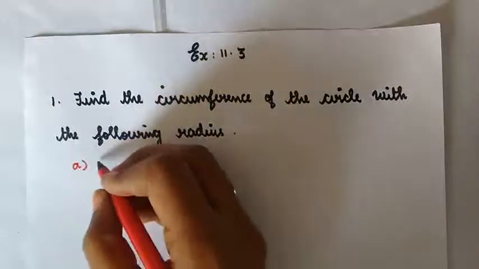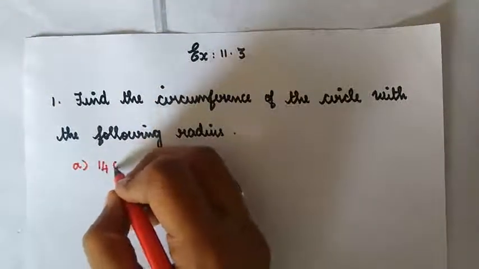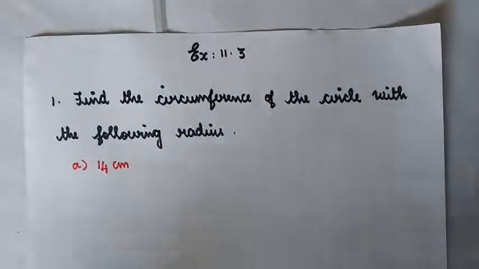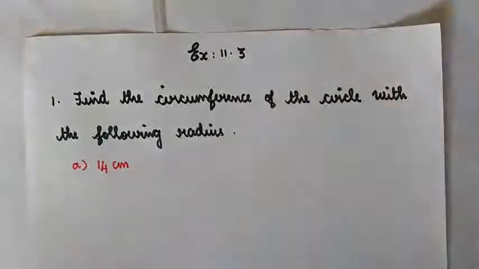We take first subdivision, A subdivision, that is 14 centimeter. In this we have to find the circumference of circle. Here what is given? Given is radius. First we have to write the formula.